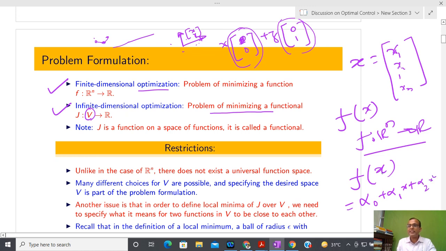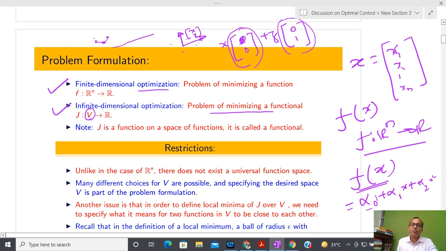I have done the Taylor series expansion about x equal to 0. You can see here that in order to represent this function, I need 1, x, x square, x cube, x power 5, like that, x power infinity. So an infinite number of bases are required to represent this function. Any analytic function can be represented with the help of these bases 1, x, x square.